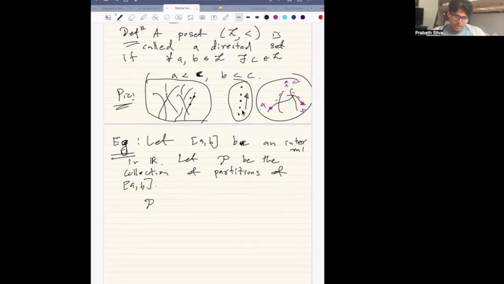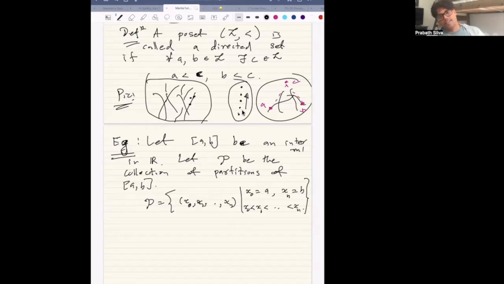In other words, P consists of x0, x1, ..., up to xn, an ordered tuple where x0 is equal to A and xn equals B, and we have x0 strictly less than x1, and so on.